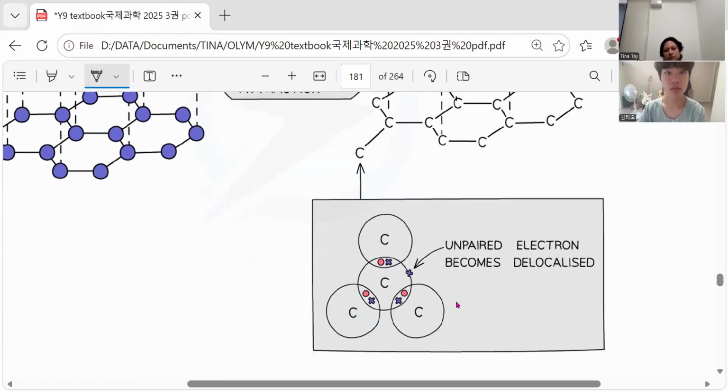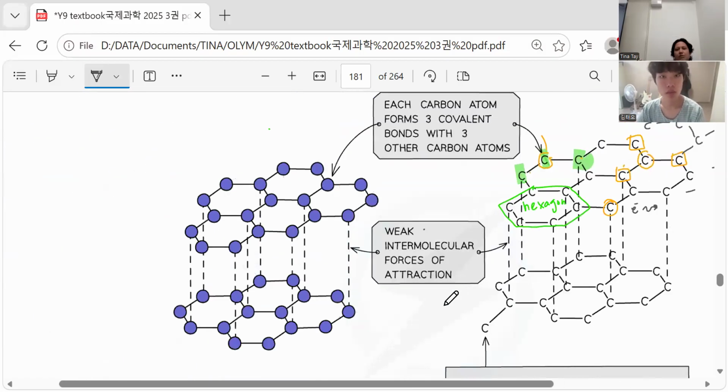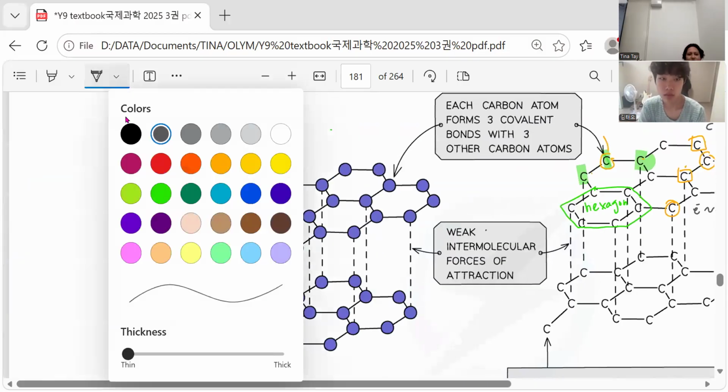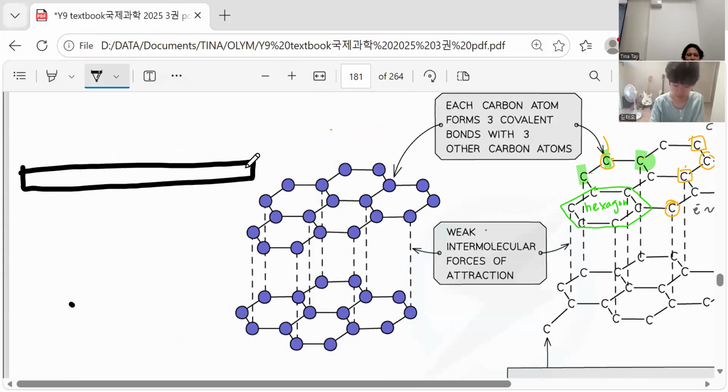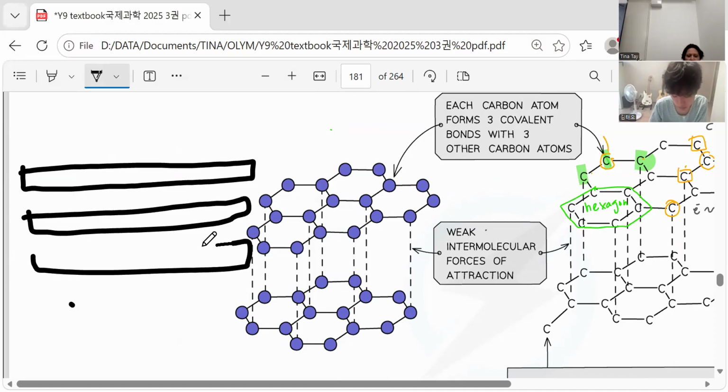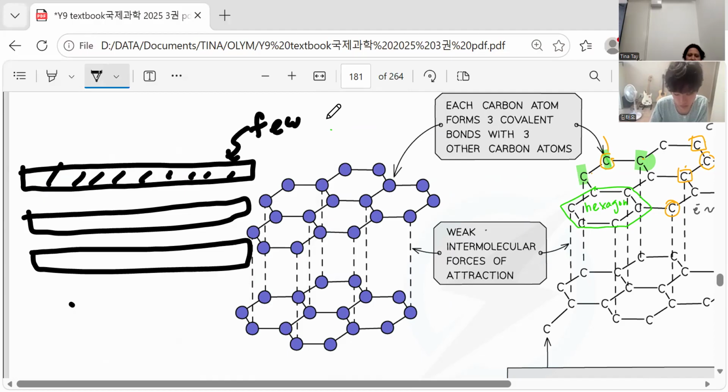If you look at it another way, it actually looks like this. So this is one layer. I draw one layer, and then in between another layer, in between another layer. This entire layer has a few million carbon. So it's called a giant covalent structure.